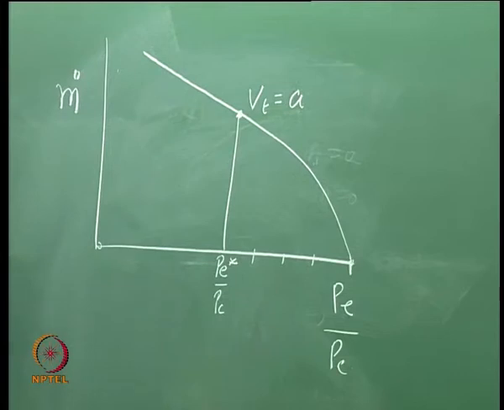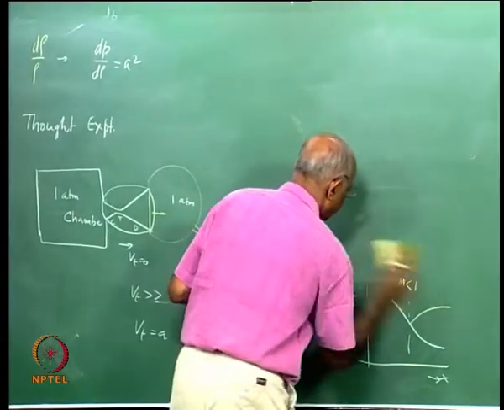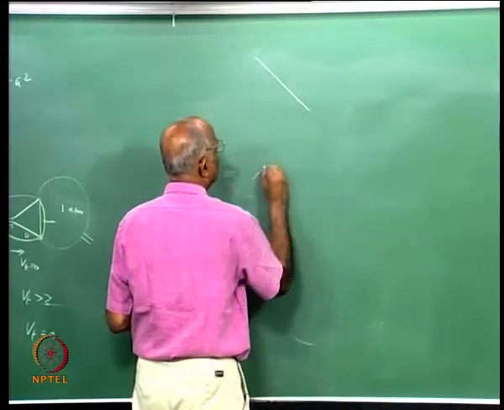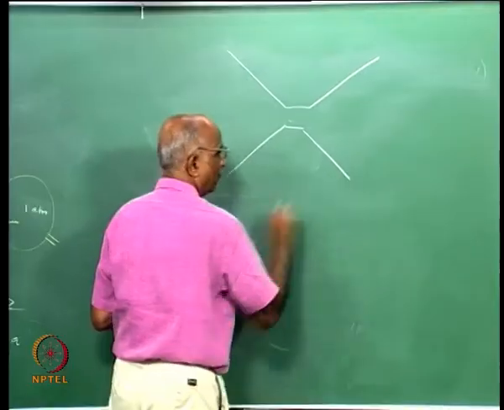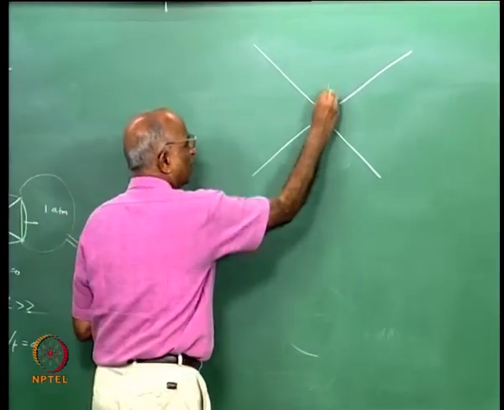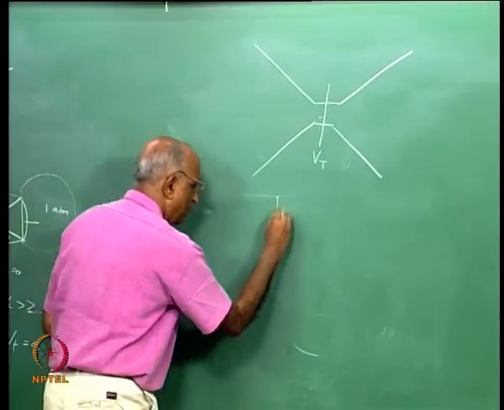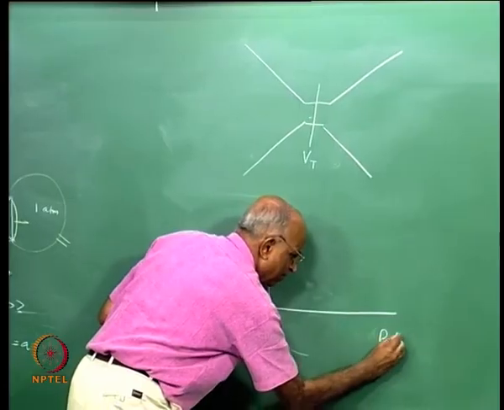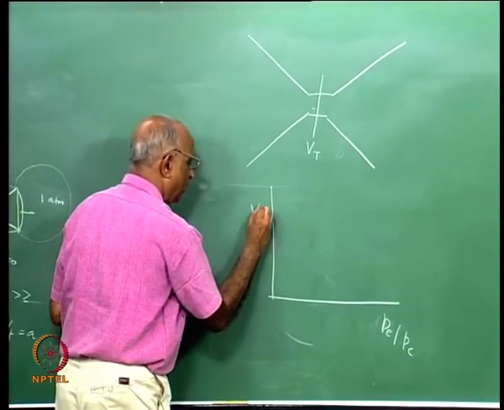Therefore, at that point in time, what is happening? Let us sketch out the nozzle in a bigger way. I left this gap for this purpose. I have the convergent, the throat, the divergent. Let us plot the value of the velocity at the throat, I call it Vt. Now for the same figure which I have drawn there, I have PE by PC as a function of Vt.